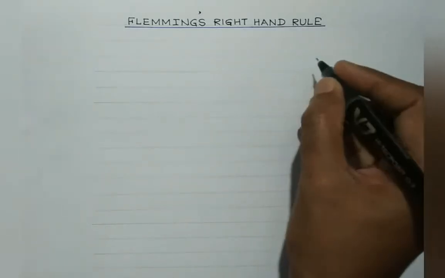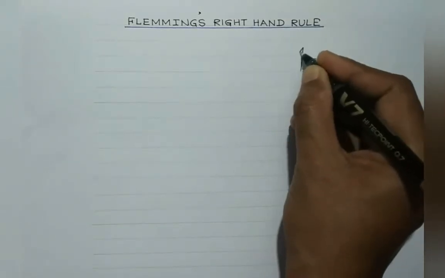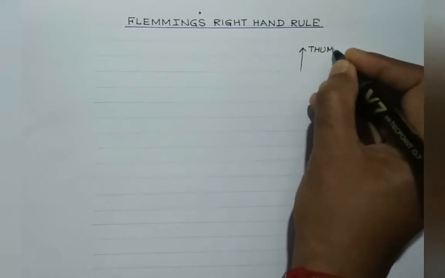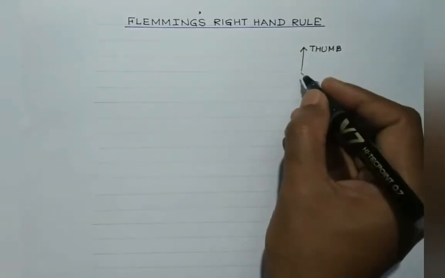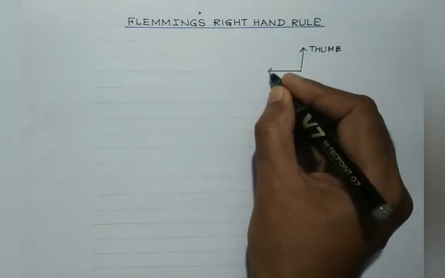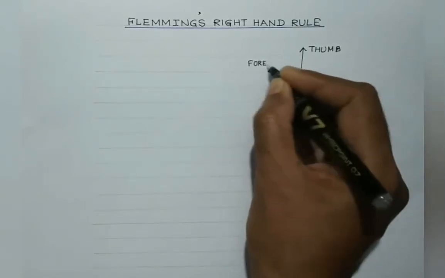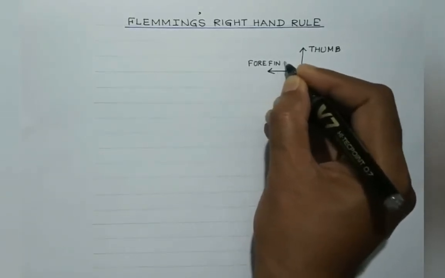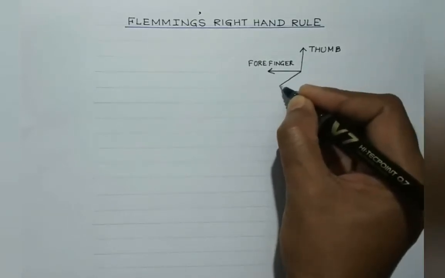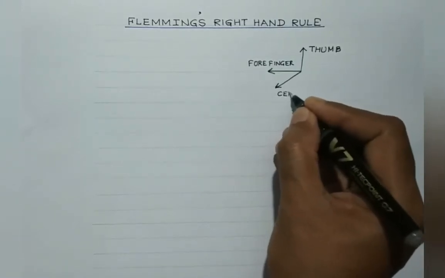So let us assume this to be the right hand, and this is, suppose, the thumb. Let us consider this to be the forefinger, and this to be the central finger or the middle finger.